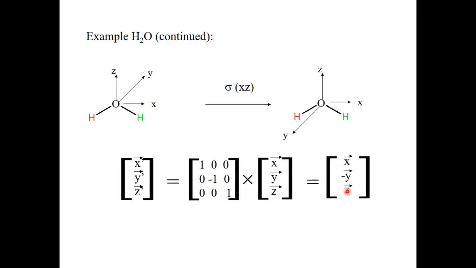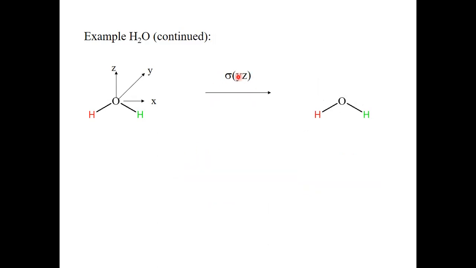So now we have found also the transformation matrix for sigma xz. Next we can look at sigma yz. So sigma yz is this sigma prime mirror plane, the yz plane, which bisects the molecule.